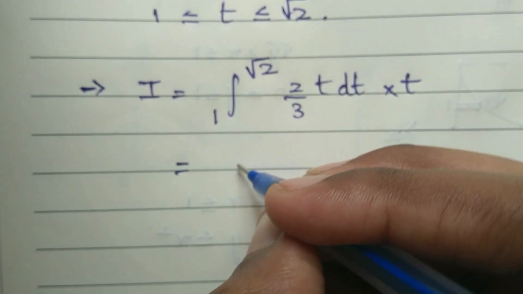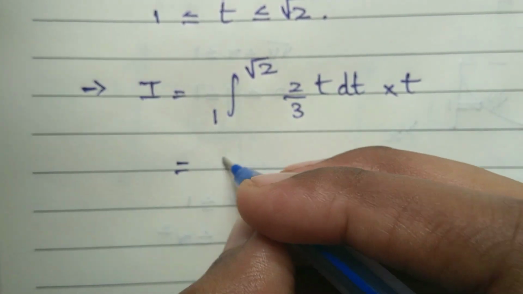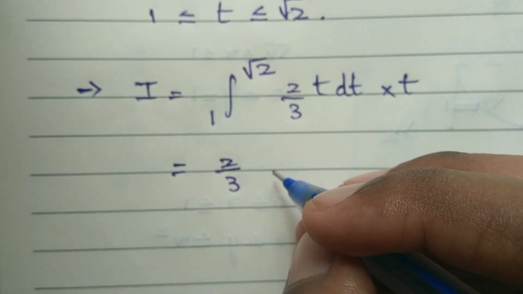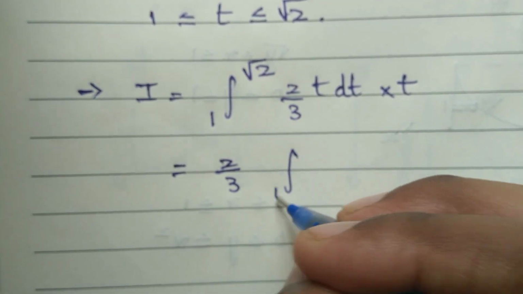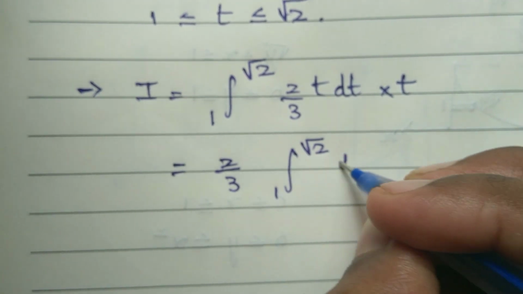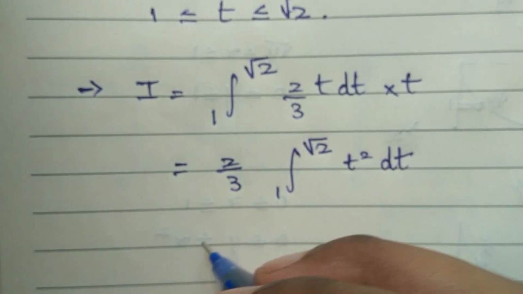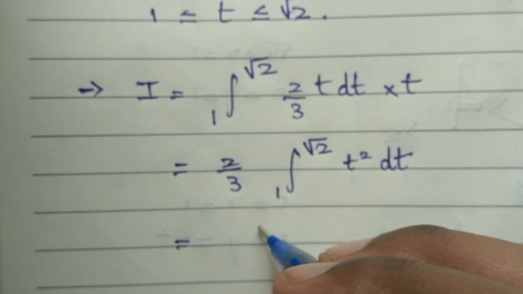Now integrating this, we can take 2 by 3 outside as a constant, and this will be integral from 1 to root 2 of t square dt. Now this is quite simple.